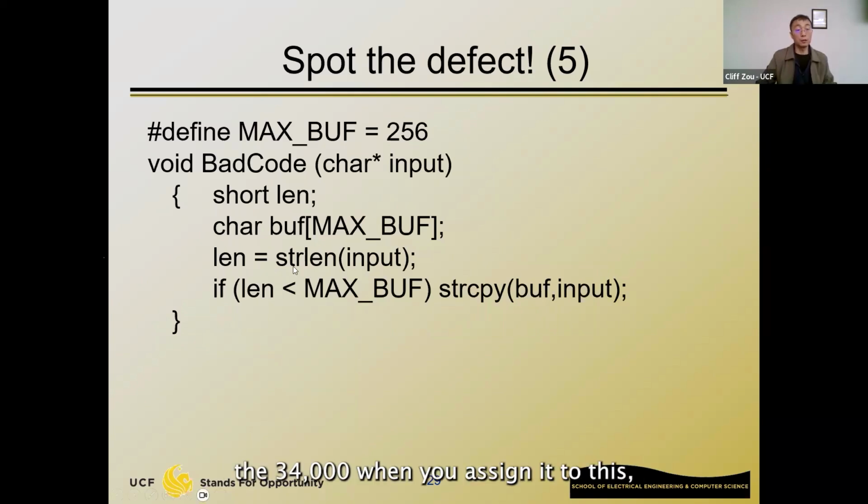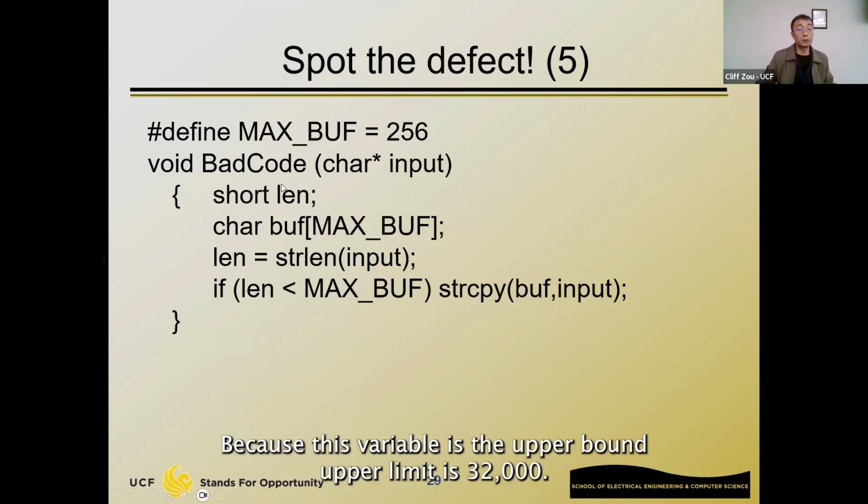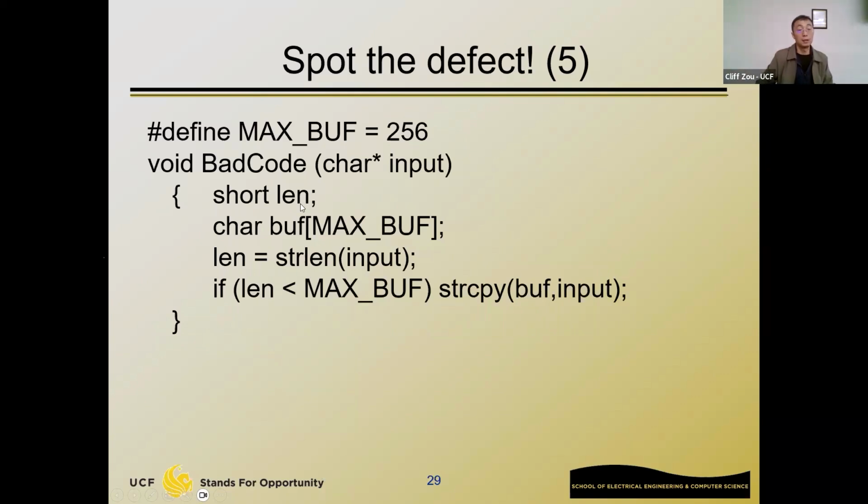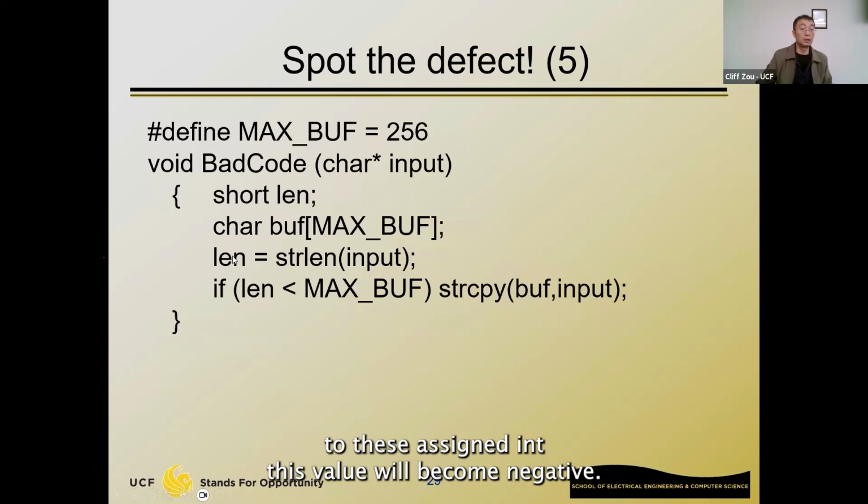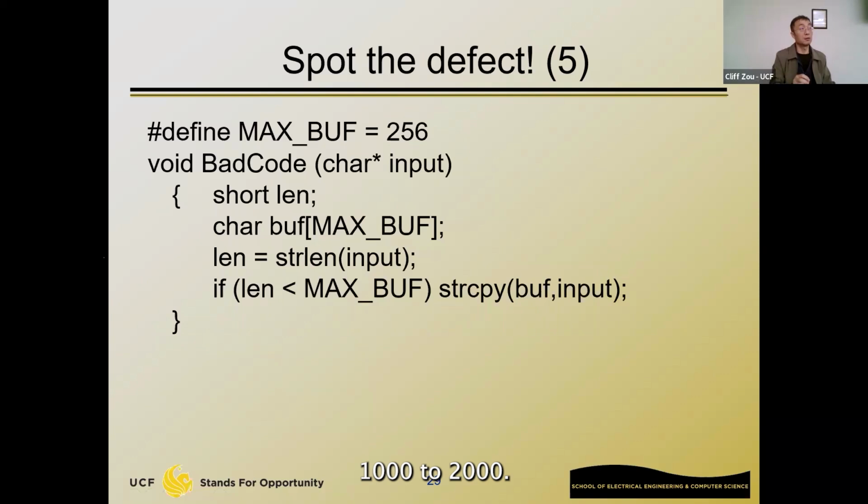Then when you assign 34,000 to this variable, it will overflow, because the upper limit of this variable is 32,000. Then this overflow will change the value. This is a signed int. So if you assign 34,000 to this signed int, the value will become negative, around negative 1,000 to 2,000.